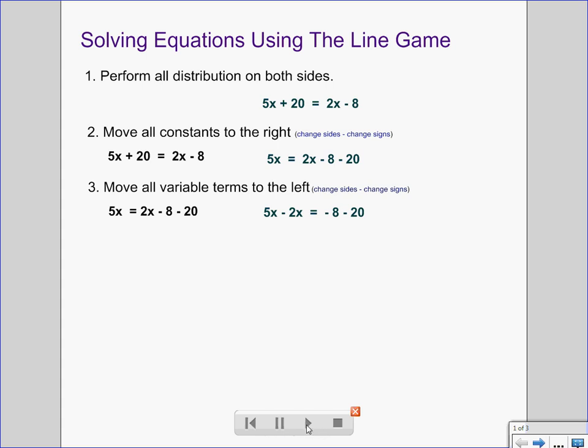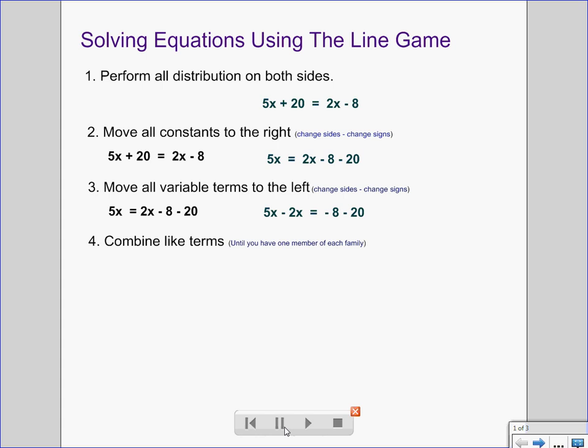The next step of the line game is one that everybody's been crying for in the beginning of this video. I know you said, why don't we just combine like terms? Well, at this point, now that we have all of our x's on one side and all of our constants on the other side, as you recall from our algebraic term video, we have family issues. So we're going to combine family names.